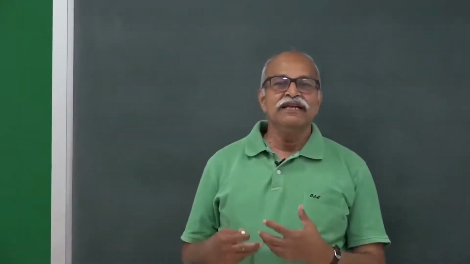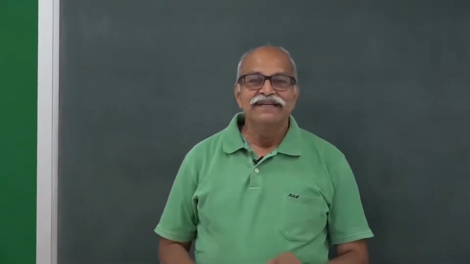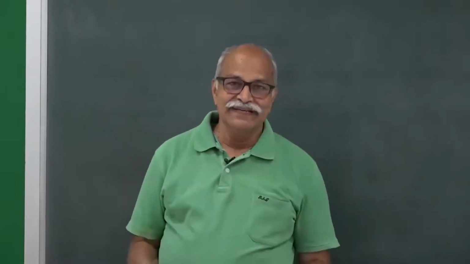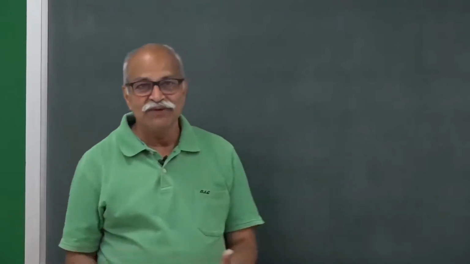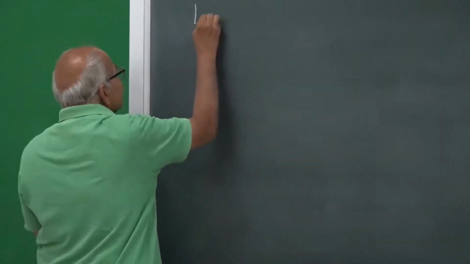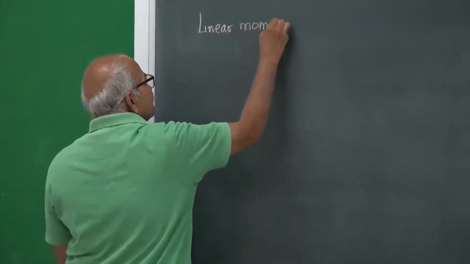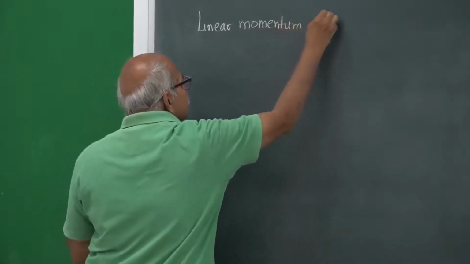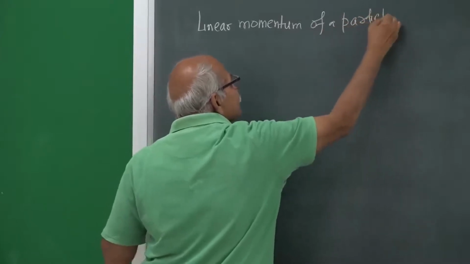One very important parameter in Newtonian mechanics is linear momentum of the system you are studying. It may be a single particle or a system of particles, rigid body, whatever. To start with, I will be talking of a single particle system.